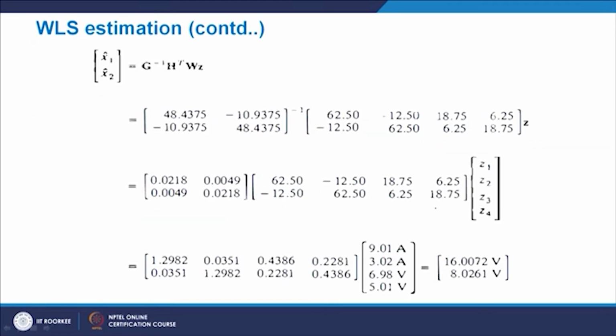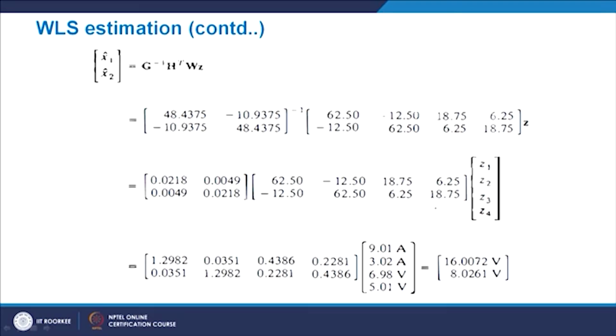Now our estimated values, x1 hat and x2 hat. We always denote our estimated values with a hat symbol. It would be G inverse H transpose into W into Z. H transpose W we have already calculated, and Z is the measurement vector, Z1, Z2, Z3, Z4.